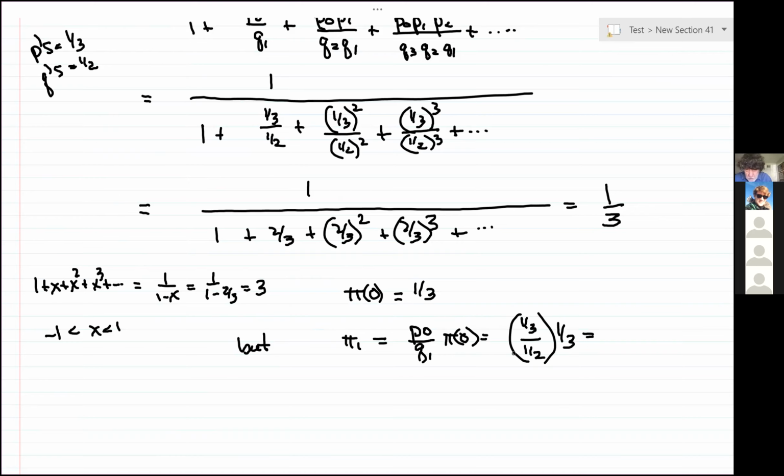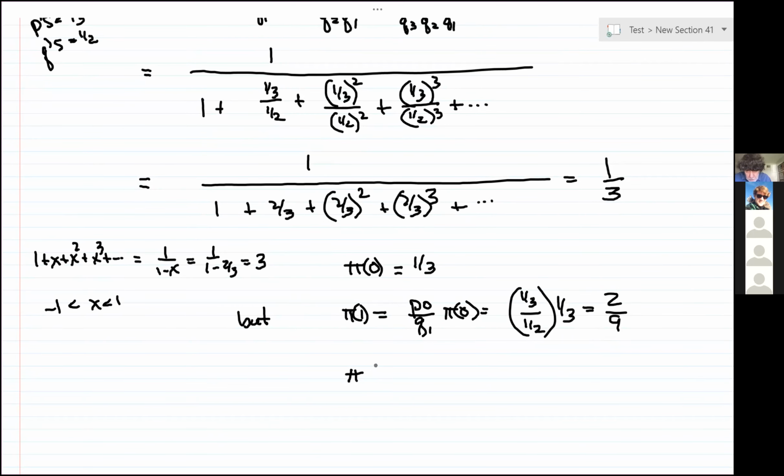This turns out to be 2/3 times 1/3, which is 2/9. So if I did it right, and I think I did, pi 1 is 2/9.